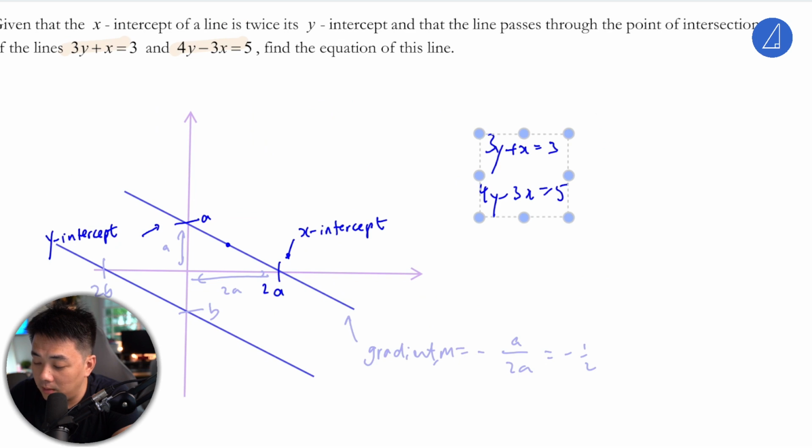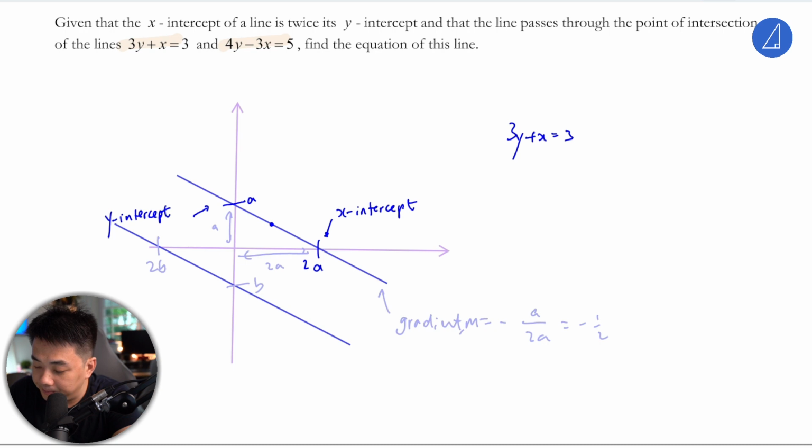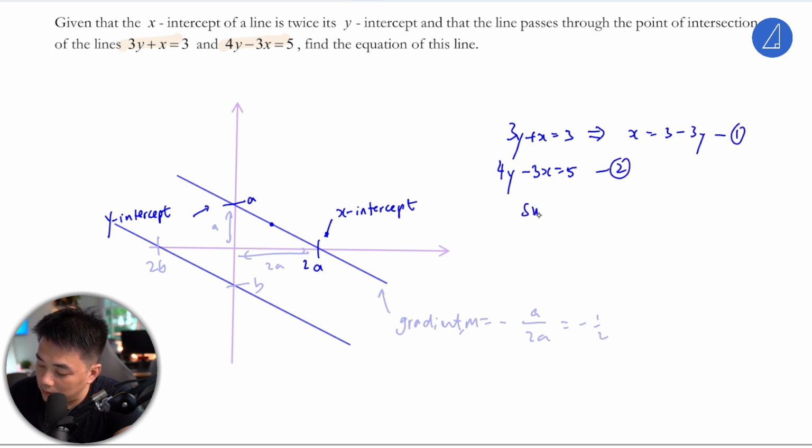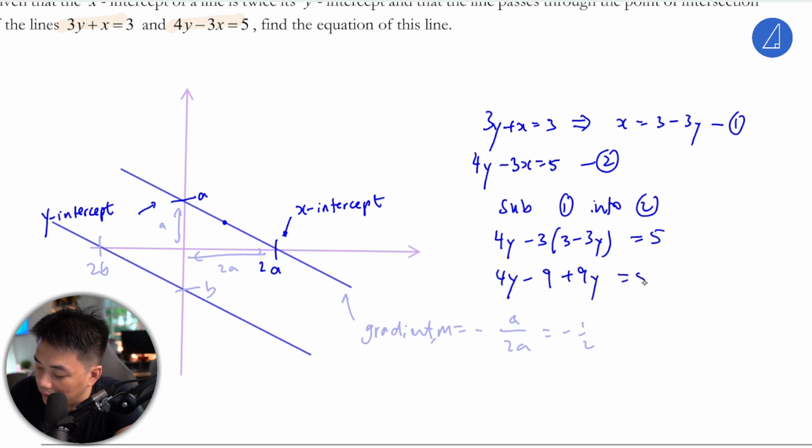Now we have the gradient already, so what we can do is find the intersection point. So x equals 3 minus 3y is equation 1, and 5y minus 3x equals 5 is equation 2. Substitute 1 into 2: 5y minus 3 times (3 minus 3y) equals 5, so 5y minus 9 plus 9y equals 5.